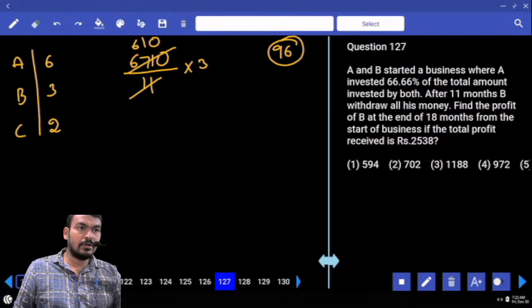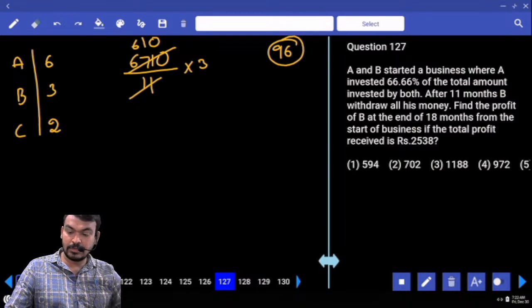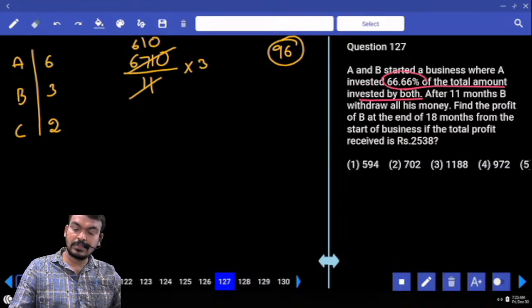Next, question number 127. A and B started a business where A invested 66.66% of the total invested by both. 66.66% means what fraction? 2 by 3.